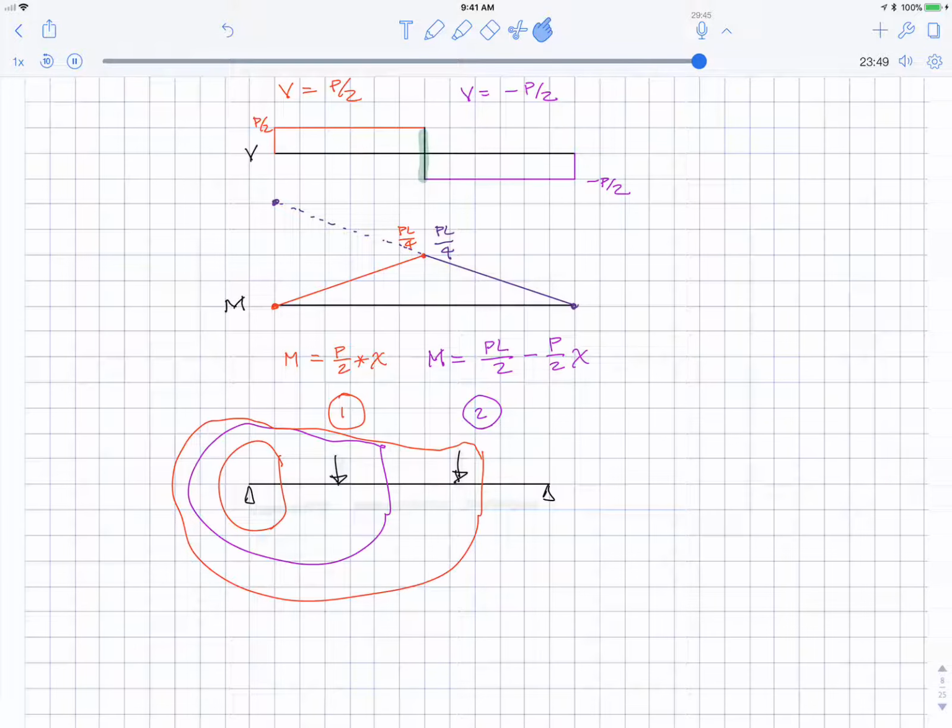What this means is that every time you have a point load, that means you have a new set of equations. Therefore, for this problem, you're going to get one set of equations here, another set of equations here, and a third set of equations there. This will have three pairs of equations, three equations for V and three equations for M.